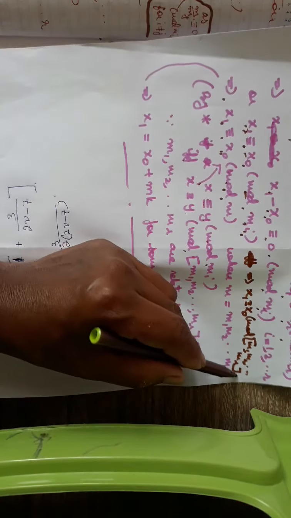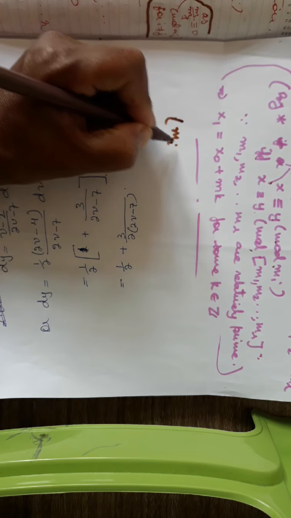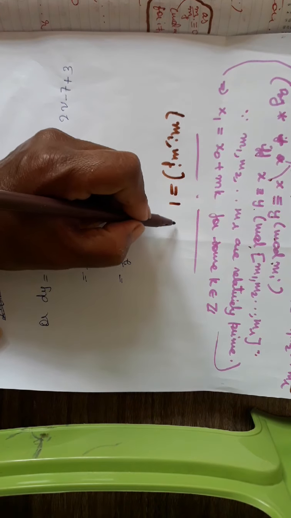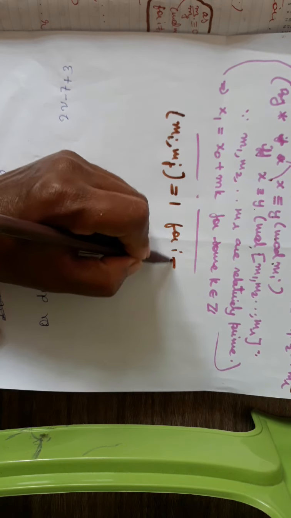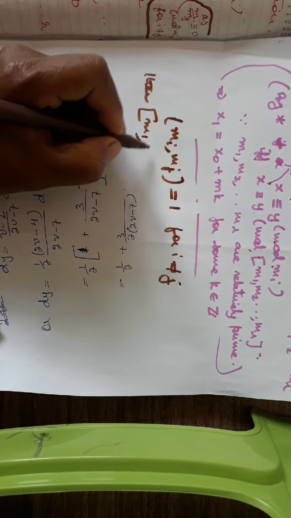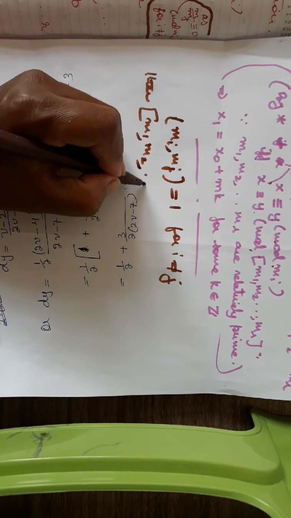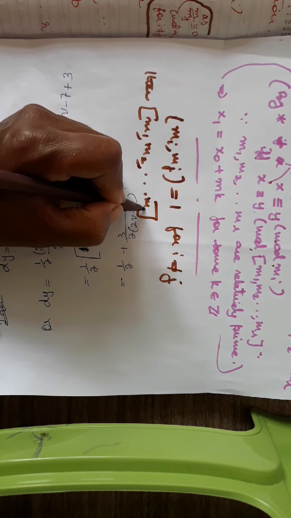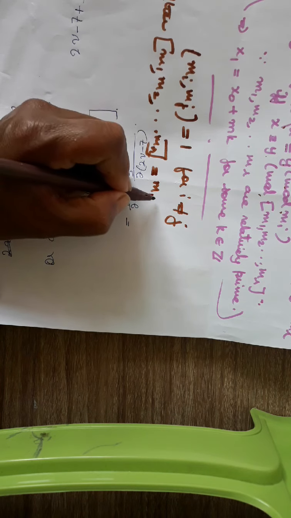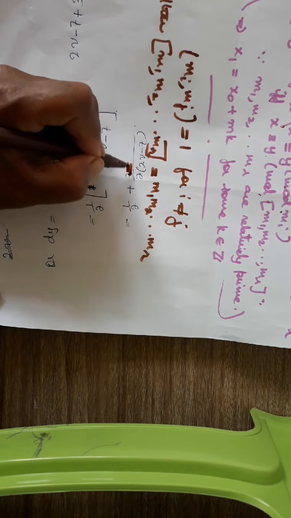And why is this LCM nothing but m only? Because the GCD of mi and mj is one, that is they are relatively prime in pairs for i different from j, then by the properties of GCD and LCM, the LCM of m1, m2, up to mr, this notation stands for LCM in square brackets, will be equal to the product of all these, m1 into m2 into up to mr, and we denote this product by m.